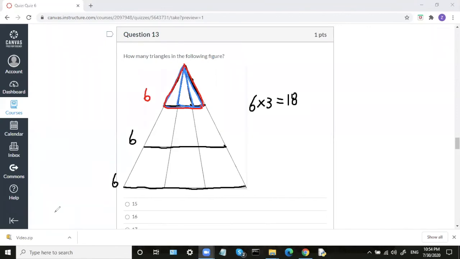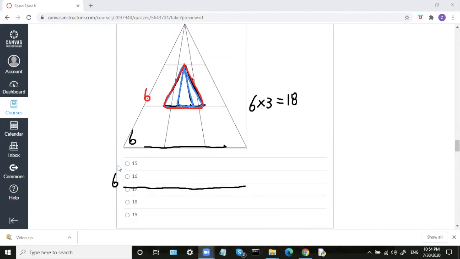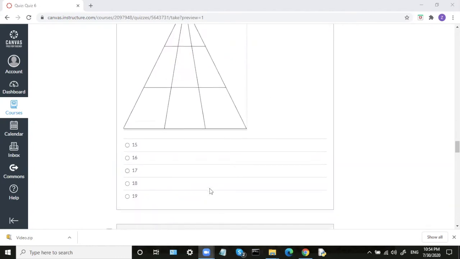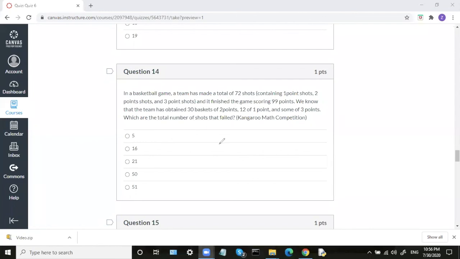Okay, so we have 18 triangles total. That's among A, B, C, D. 18. Answer is D.